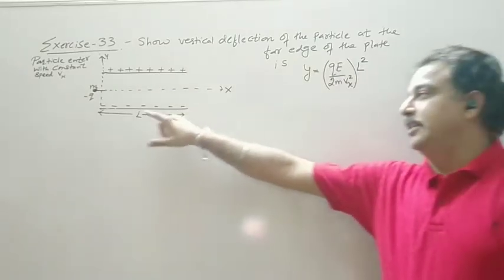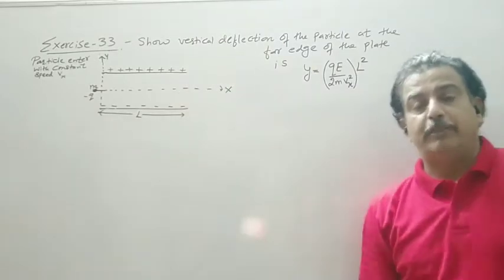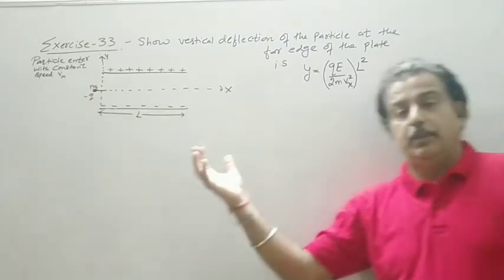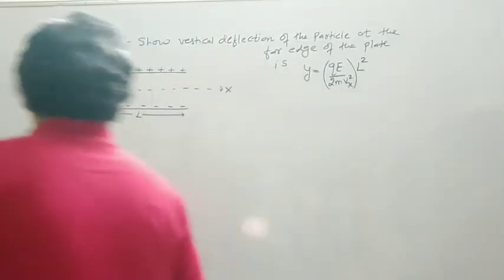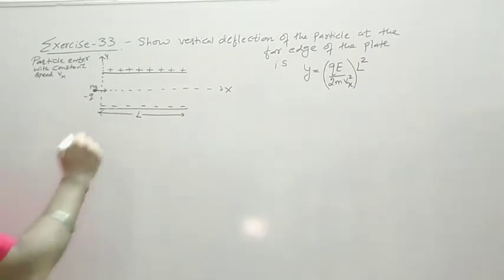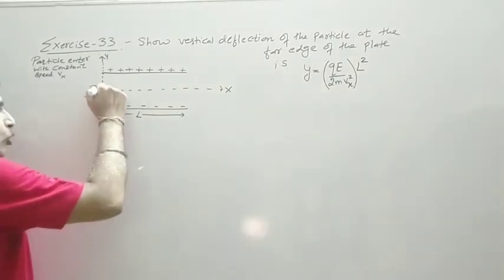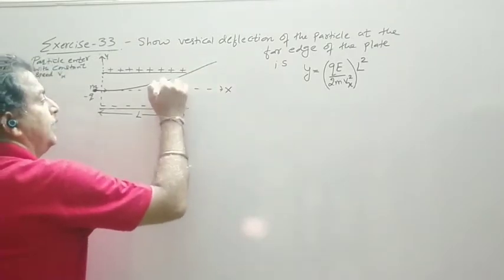So we consider that the particle will strike at this edge of the plate while coming out from the uniform electric field. Originally it enters along the x-axis, but due to the Coulombian force it is deflected.